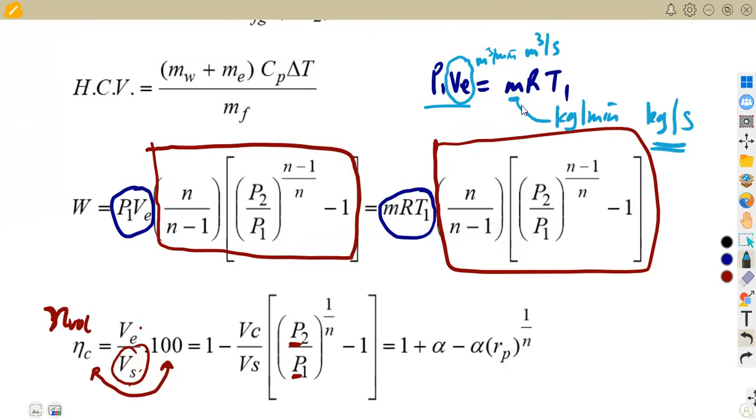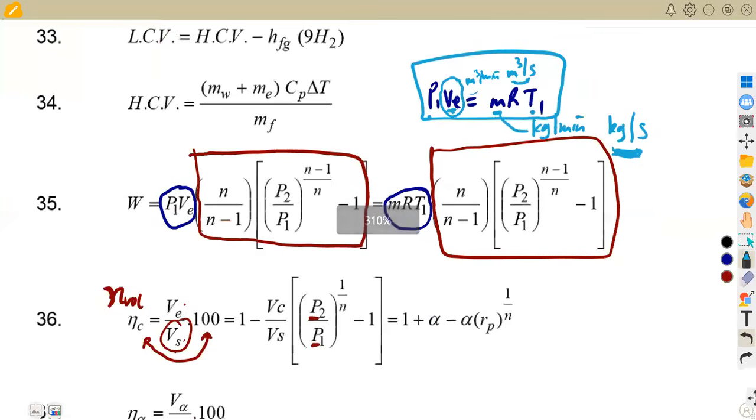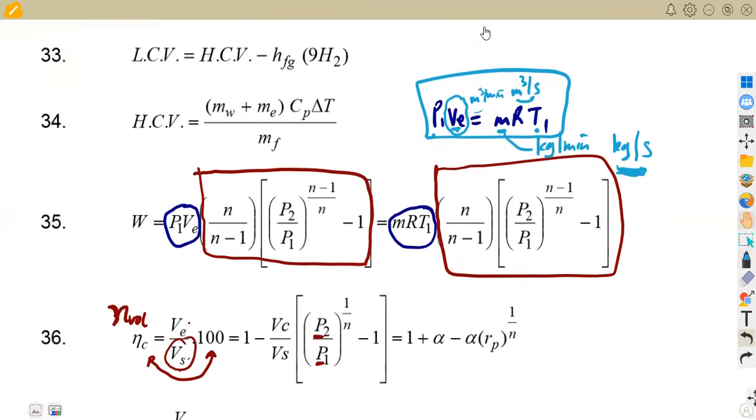But as you can see, it's a relationship you can consider: you're considering P1 with T1, having the effective volume. Is it in cubic meters per minute? It determines the mass. Is it going to be kg per minute or kg per second? If I'm given the effective volume in cubic meters per second, the mass there is going to be kilogram per second.